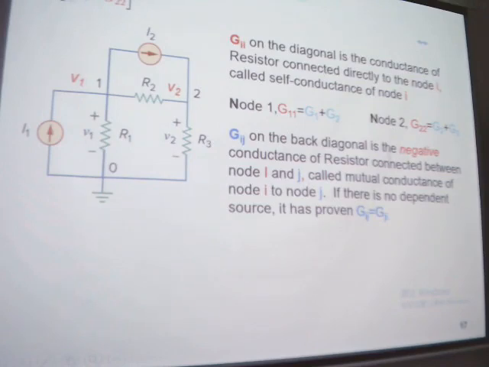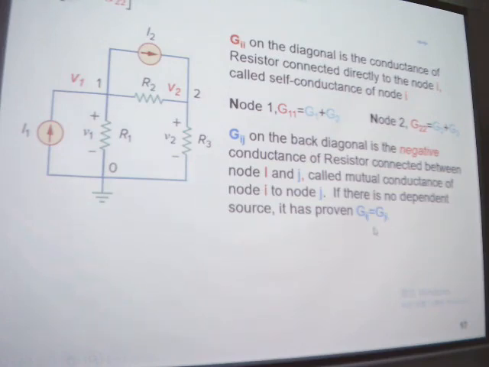Remember, this part is negative, so I use the blue color. So this one is called the mutual conductance of node i and node j. Please remember this definition of self-conductance and mutual conductance.